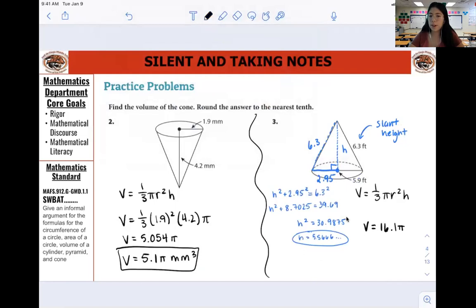That might be because you rounded something else too soon. If you don't round this number at all, you should get 16.1 feet cubed. So try doing it again. The whole decimal is 16.14789, something like that.